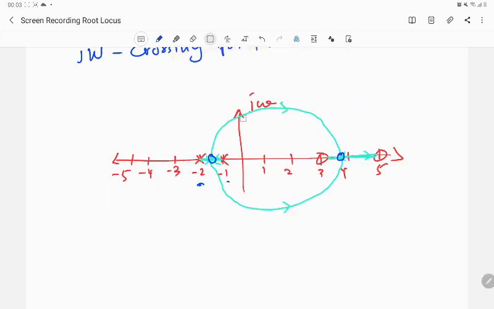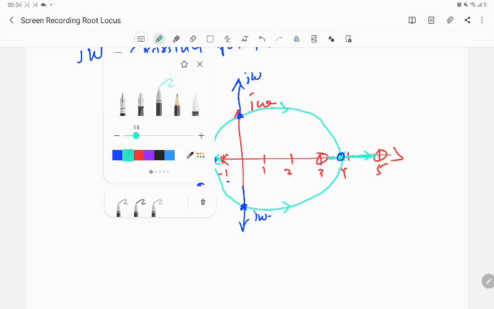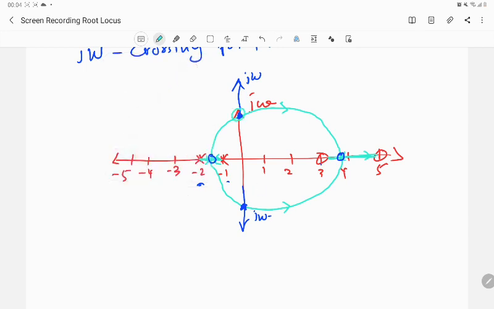You see that it crosses the real axis here, and then it crosses the j omega axis here. Of course, you can easily see that the two crossing points form a conjugate pair. So by computing one, we should be able to find the other.